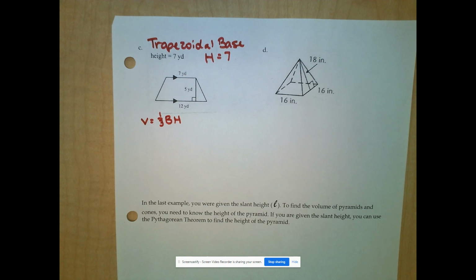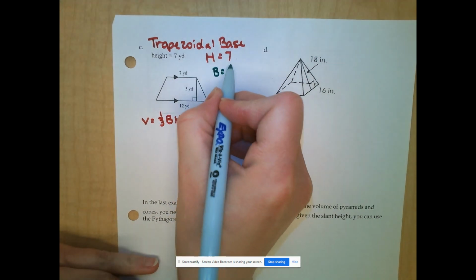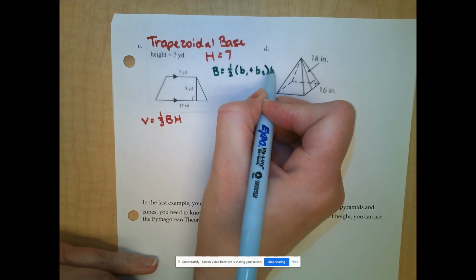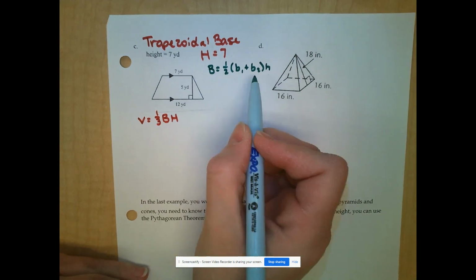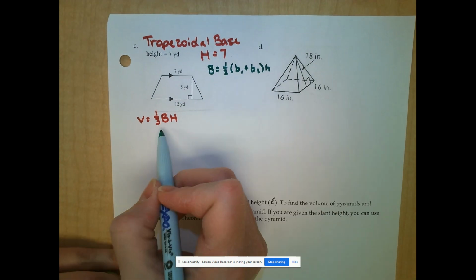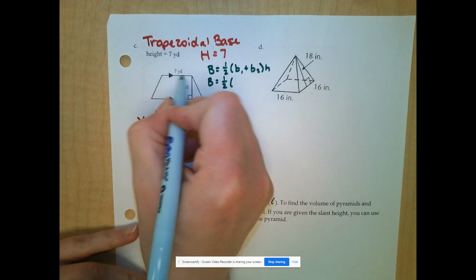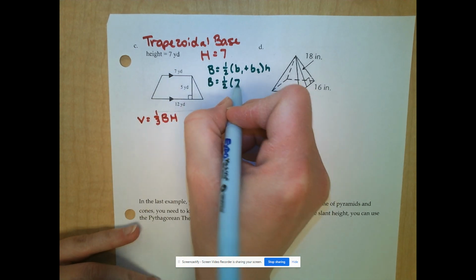Now, depending on how you like to organize things, trapezoids are a little bit more of a cumbersome formula. You might go up here and say, I'm going to do my trapezoid work off to the side so that I can just plug it into this formula, no problem. So the area of the base is going to be 1/2. The 7 and the 12 are your base 1 and base 2.